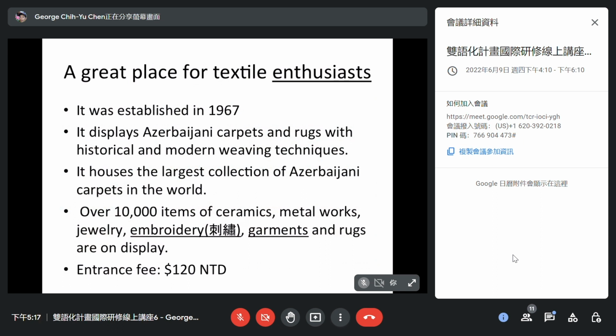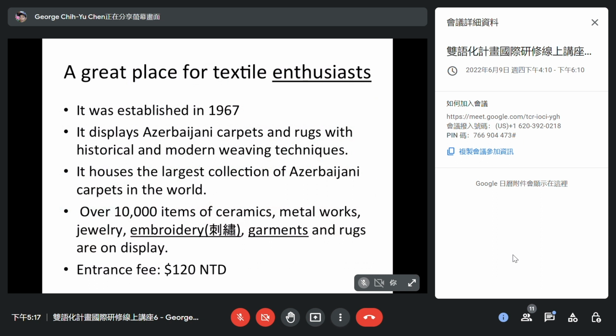Enthusiasts means lovers. 布料爱好者，布料喜好者。This museum was established in 1967. It displays Azerbaijani carpets and rugs with historical and modern weaving techniques.